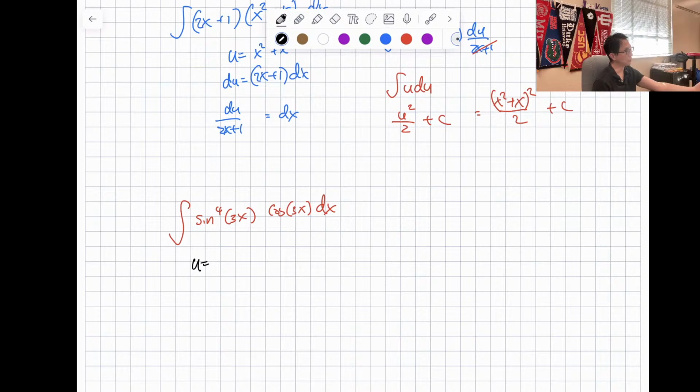Okay, think about what u is equal to and think about du. Is it present in the question? Sine to the 4, and then cosine of 3x. So how do you do the integral?